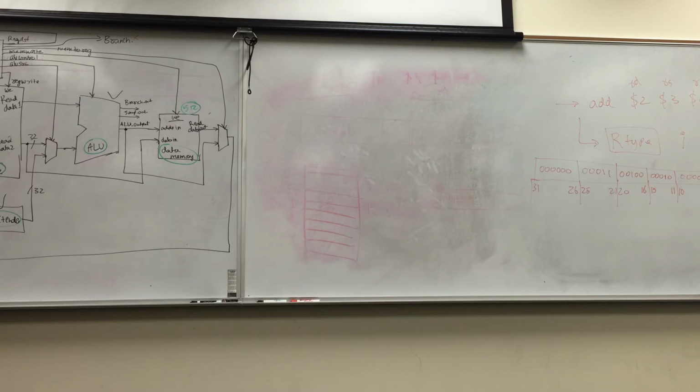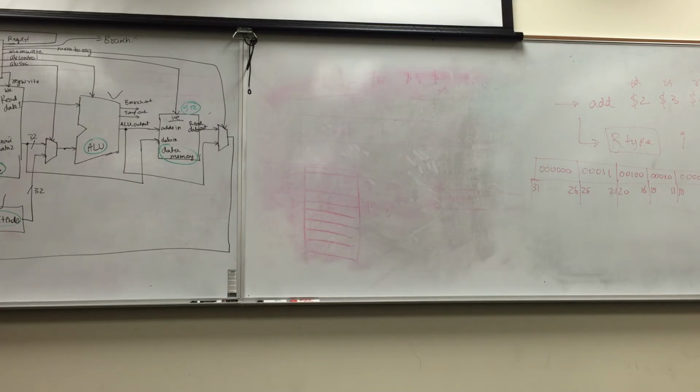This should be 0 or 1. One? That's correct. Why would it be 1? Because it's going to be writing the result. That's correct. So this would be 1.